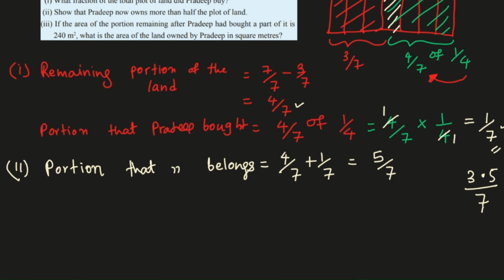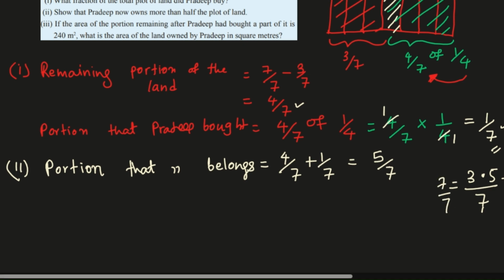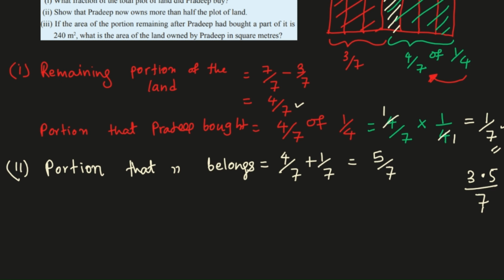But you know that 3.5 plus 3.5 equals 7 upon 7. So 3.5 portions equals half of this whole land.